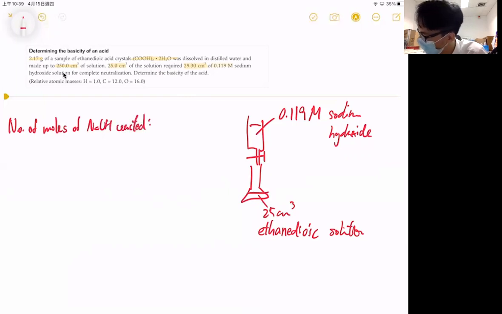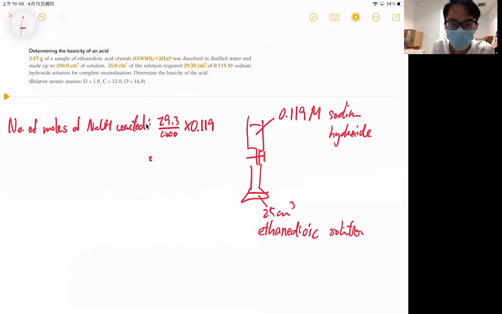He provided the volume for you, and also the concentration, so you can directly calculate: molarity times volume gives the number of moles. The number of moles of sodium hydroxide used will be 3.49 times 10 to the power of -3.